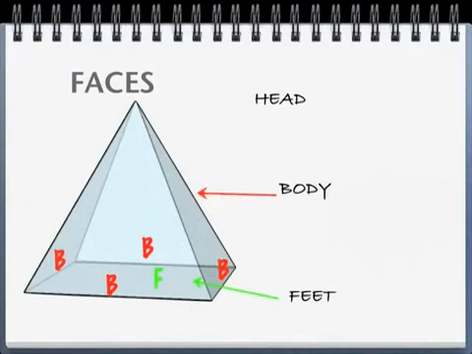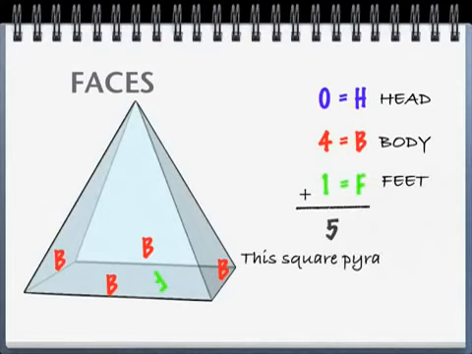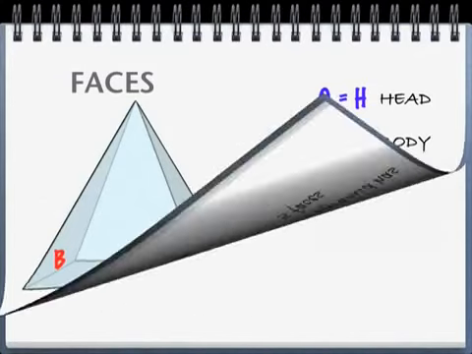Feet, we're still looking at 1. Again, my F flipped upside down for no reason. We have 0 in the head. We have 1, 2, 3, 4 body, 1 feet. Add those together. That'll give you 5 faces.